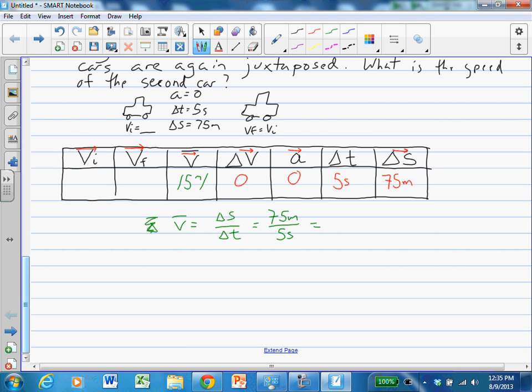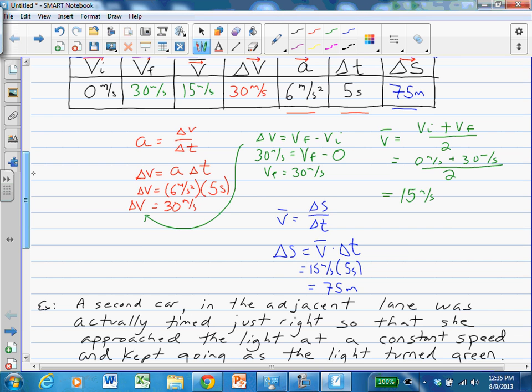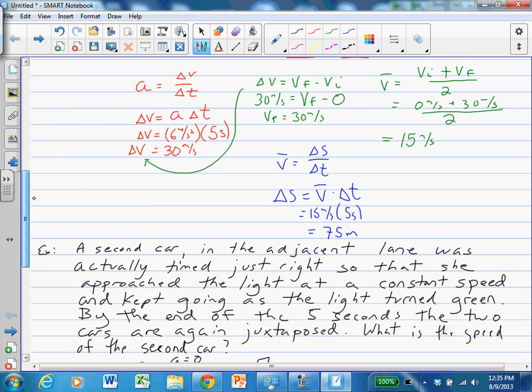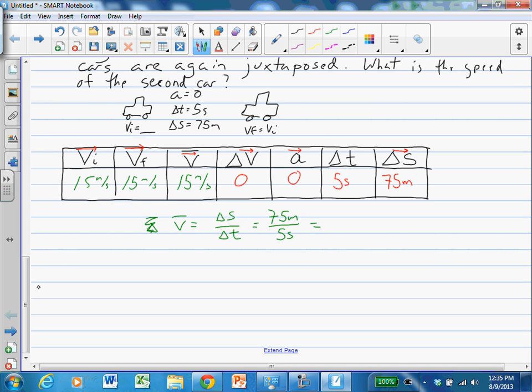That would mean that that's 15 meters per second, and that's 15 meters. So now we know that that car, she was driving at 15 meters per second. The first car started at 0, went to 30 meters per second over that time. They had the same average speed, though, of 15 meters per second.